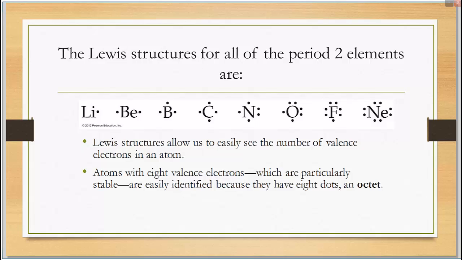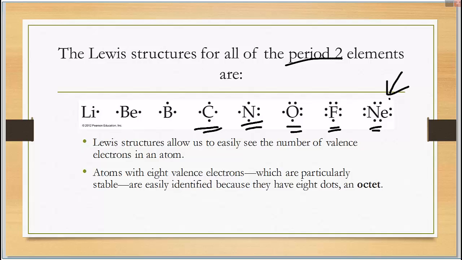So here are all the dots from period 2 elements. Notice that once we get to 4 with carbon, you start pairing them up until everything is full. Neon is an inert gas, a noble gas. Notice that there's a maximum of 2 on each side.